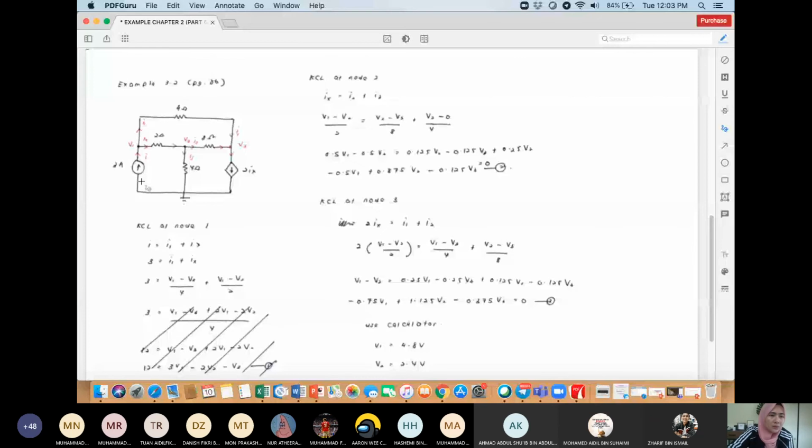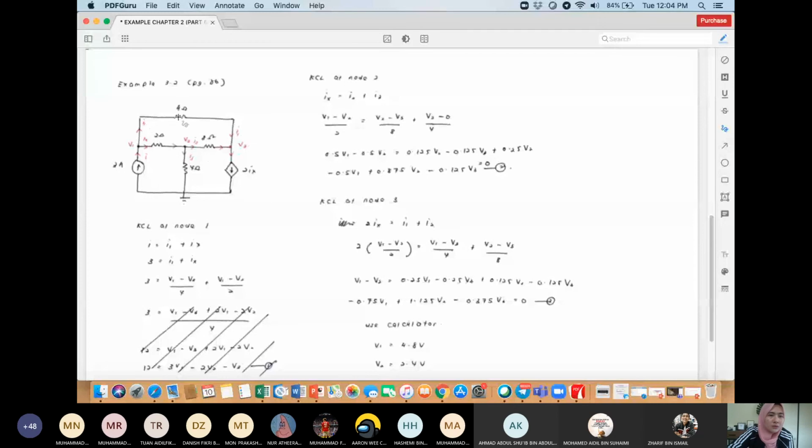Okay, so the currents flow like this. This is the current direction for I1. This is Ix, and then I3 will go to the ground. And I2, this is the current direction.